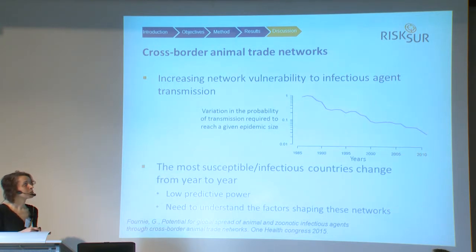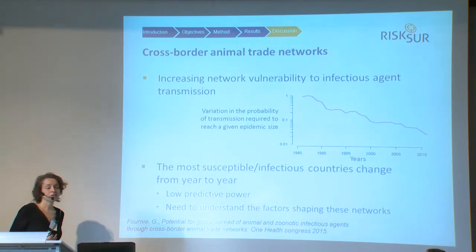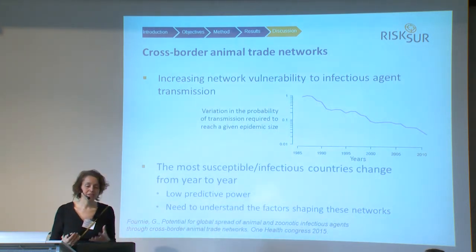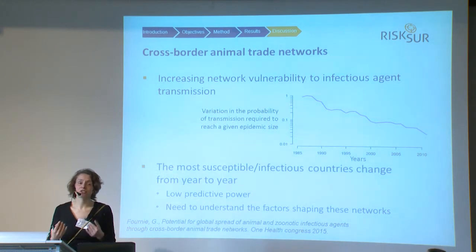And we see that the transmission probability of an infectious pathogen in the late 80s was close to 1, and it's now been drastically reduced. So that means that these networks are much more vulnerable and that the transmission probability needs to be much lower for an epidemic to occur in these networks.